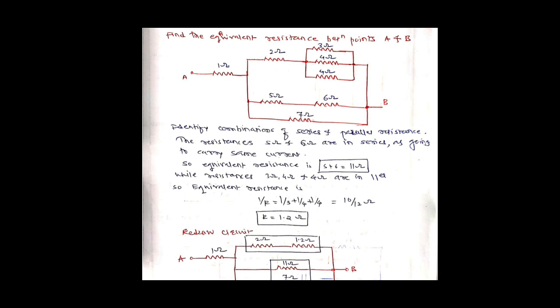Before solving this, you can identify the combinations of series and parallel resistances. In this diagram, you can find a combination of series and a combination of parallel resistances. See, the resistances 5 ohm and 6 ohm are in series connection.